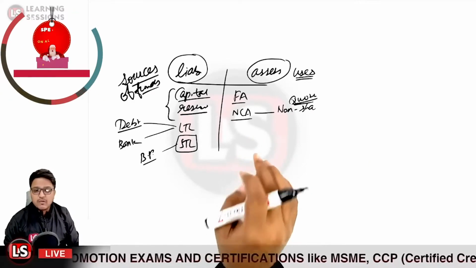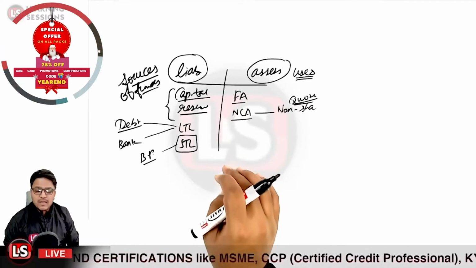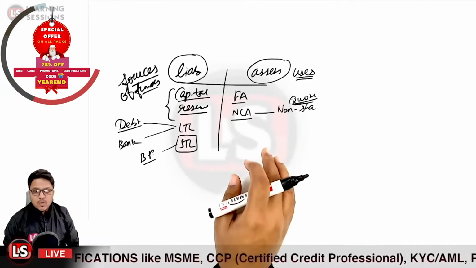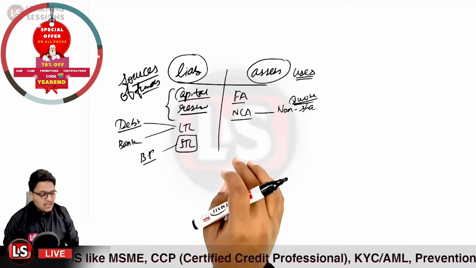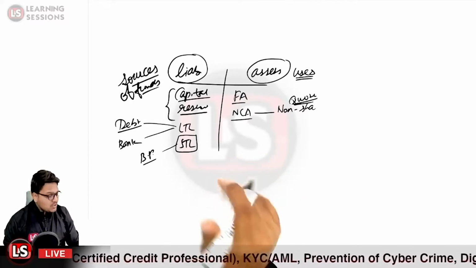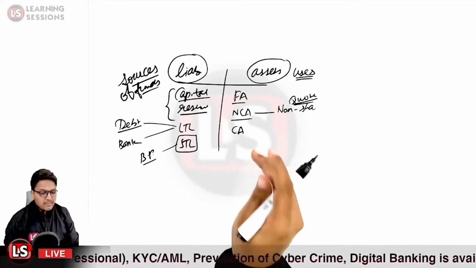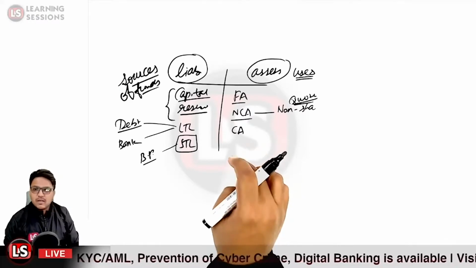Current assets cover only those assets which change their form from one form to another, or which can be consumed in the next 12 months. Those are covered under current assets, like stocks, inventory, cash in hand, bank balance.